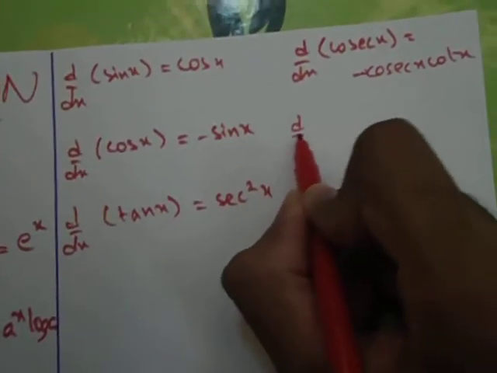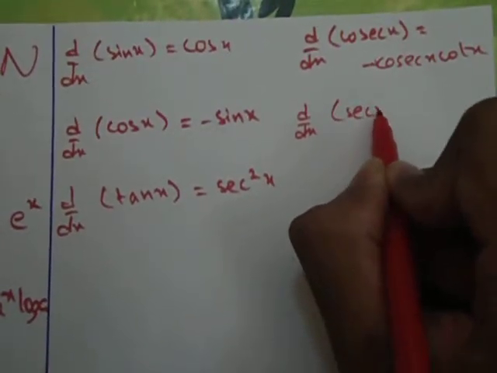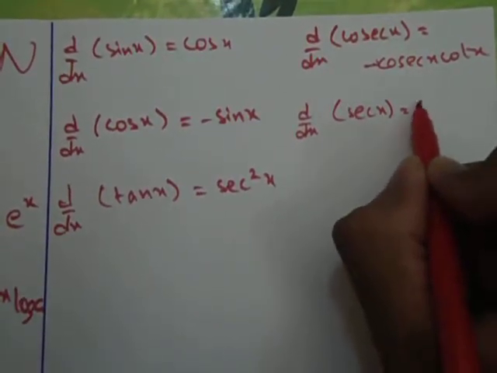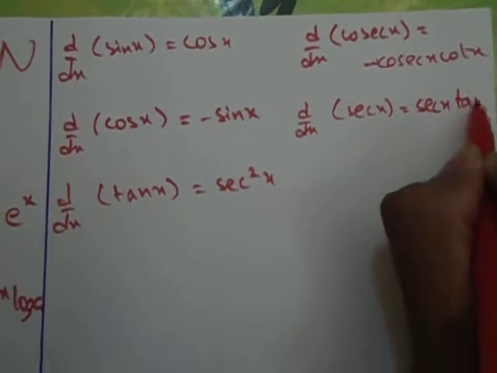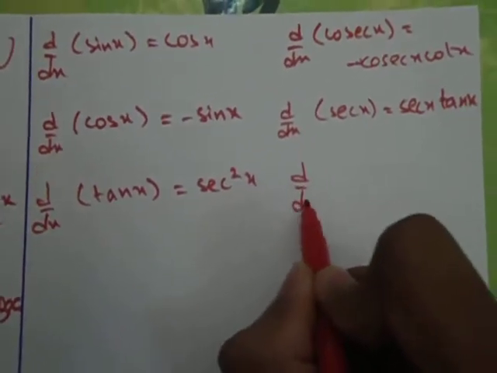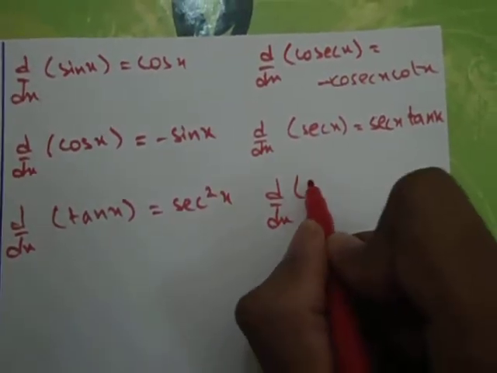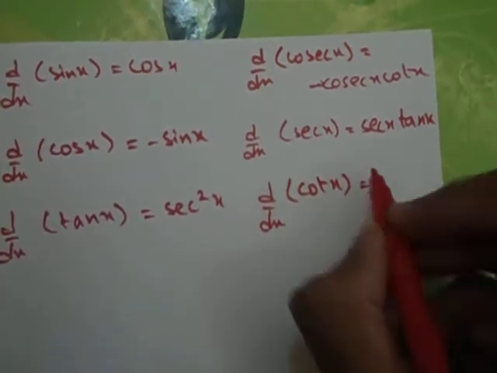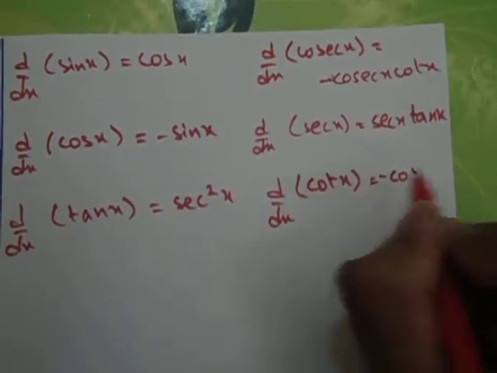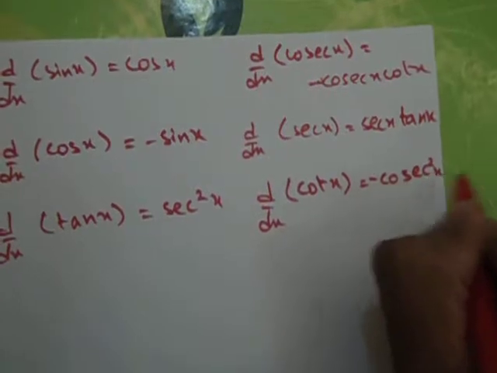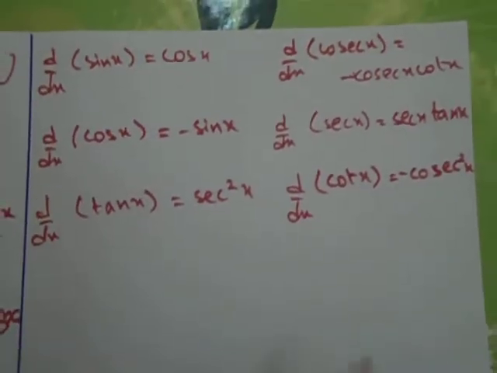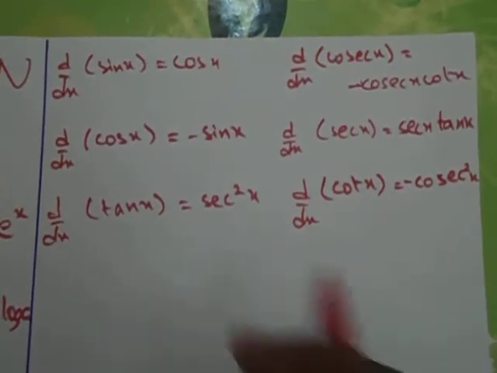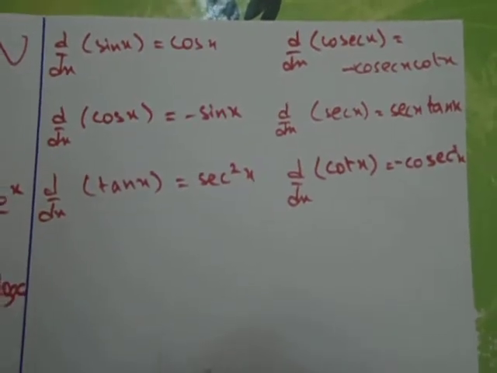D by dx of secant x is secant x tan x, and d by dx of cot x is minus cosecant square x. So these are a few basic differentiations that are essential to know to solve problems.